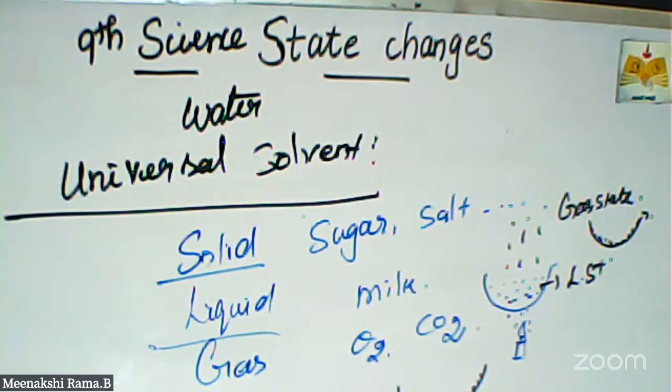So how the state changes occur. Water is a very good example for the state changes. There are three states, that is ice and then water and gas. These three states are possible in water only. So water is possible to change in all states.